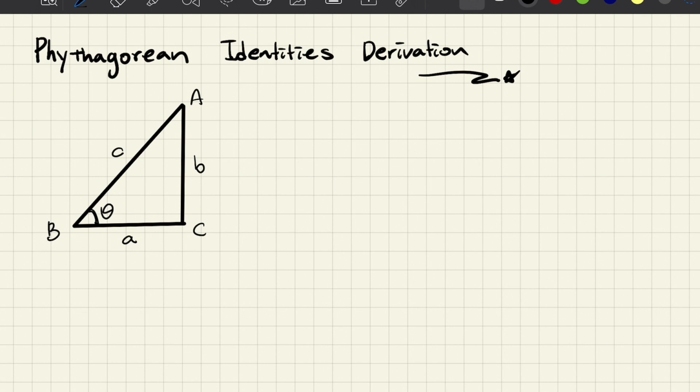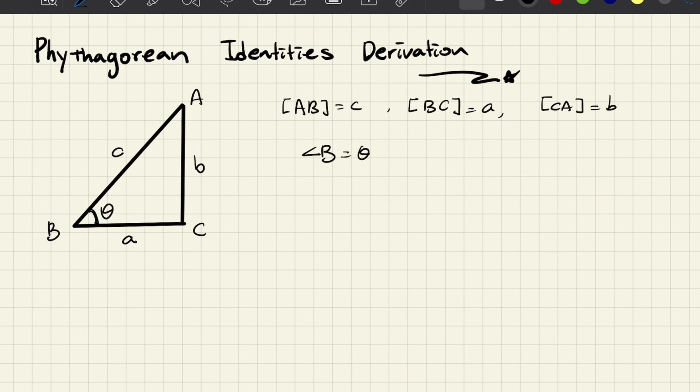Now we're going to assume that the line AB is equal to c, the line BC is equal to a, and the line CA is equal to b for our convenience, and we're going to assume that the angle B is theta.